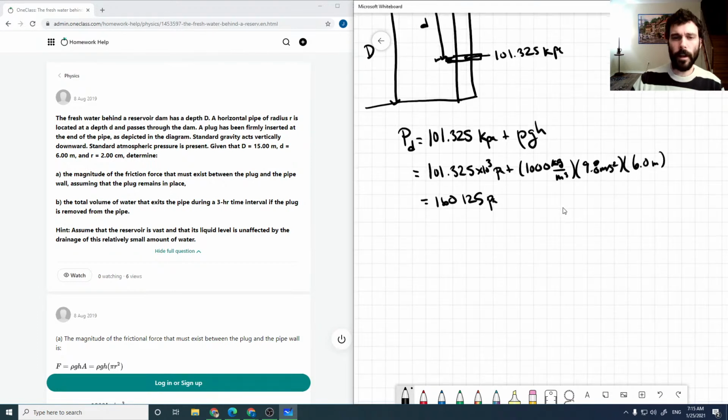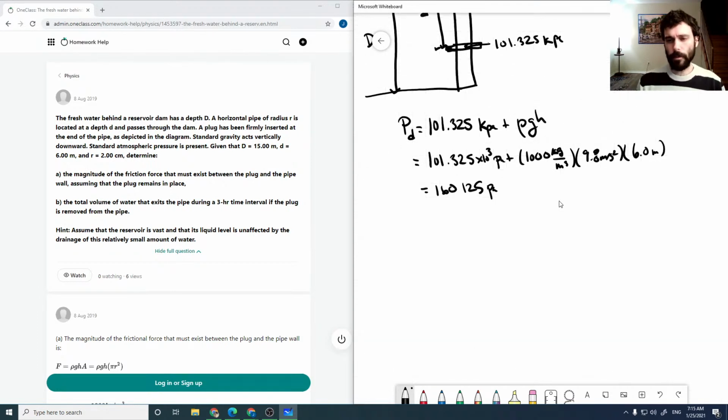So now, to get the frictional force on our plug in our pipe, we can draw a free body diagram. We've got a force due to the water, a frictional force, and a force due to atmospheric pressure.